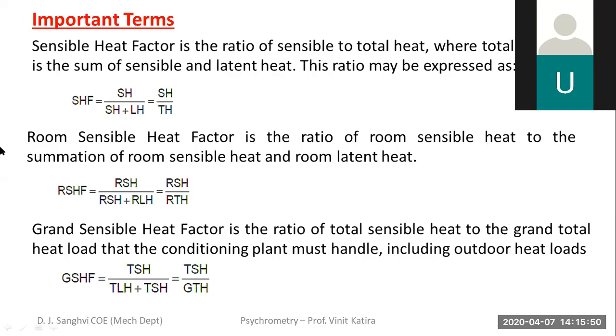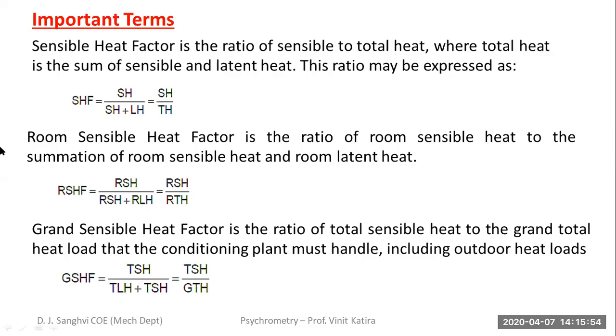If we take an example, it is going to be a line with a particular slope depending on the amount of latent heat that is there. So if this latent heat is larger, then your denominator value will be more and your sensible heat factor will go down.